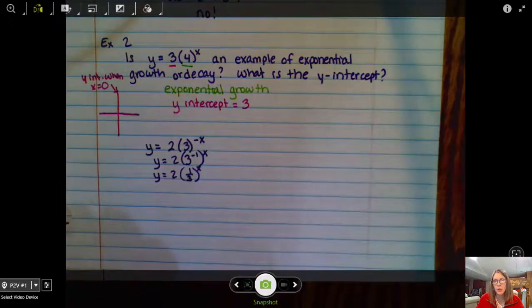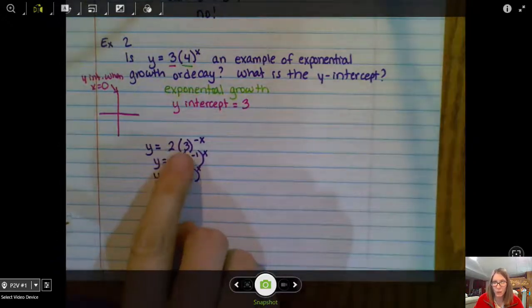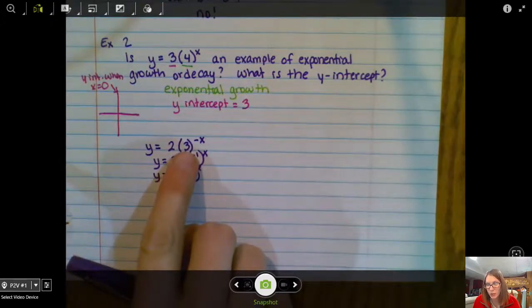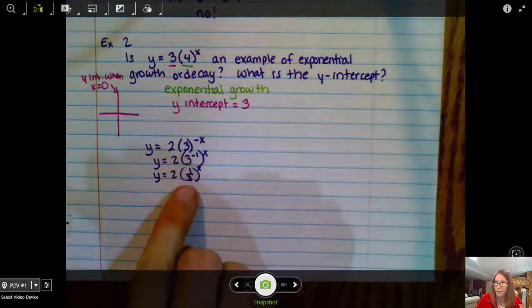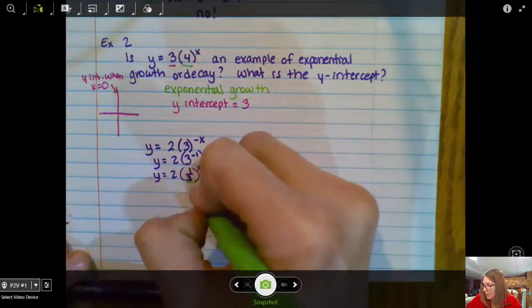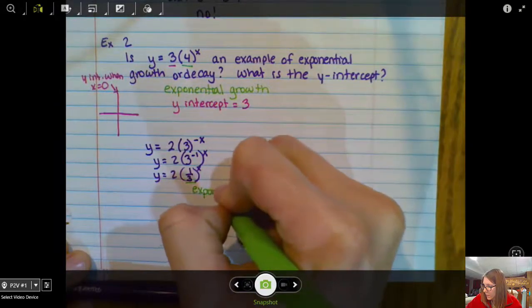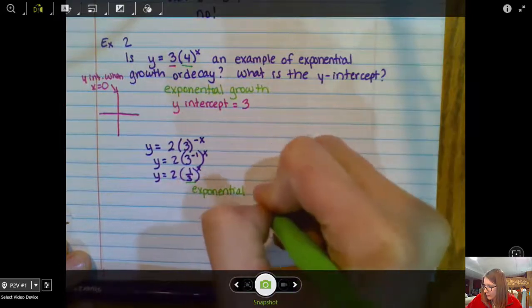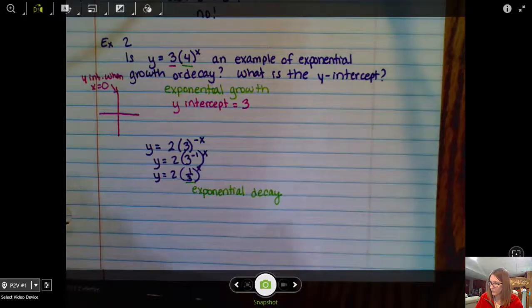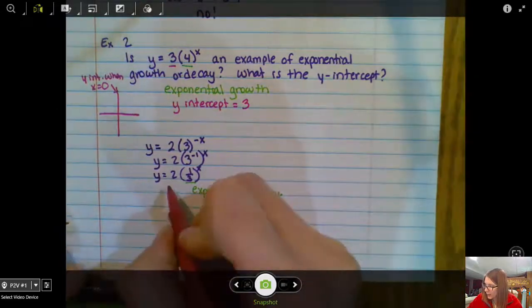Okay, so even though it looked originally like this was going to be exponential growth, because this b value was 3, really b is 1/3, making us have exponential decay. Okay, and then my y-intercept here is 2.